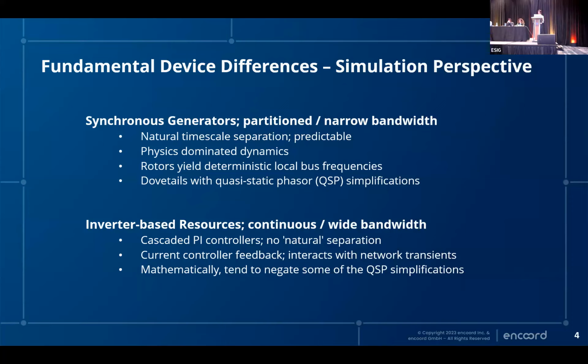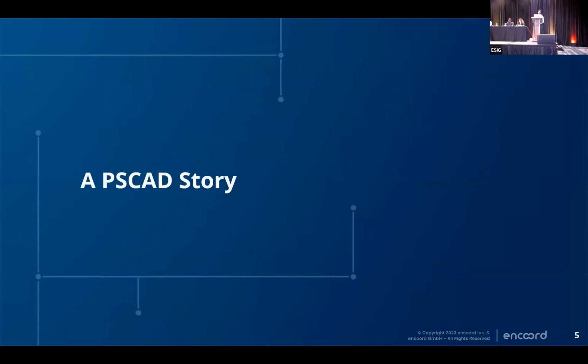Current controllers are, in fact, intended to regulate the dynamics of the filter elements, which is to say that there's feedback from these filters, these inductive elements, and they interact with the current controller. That's why it's there. So mathematically, when we take a step back and look at IBRs, you start to realize that there are going to be times where the IBR dynamics tend to negate some of the simplifications that make the bedrock of QSP simulation tools.